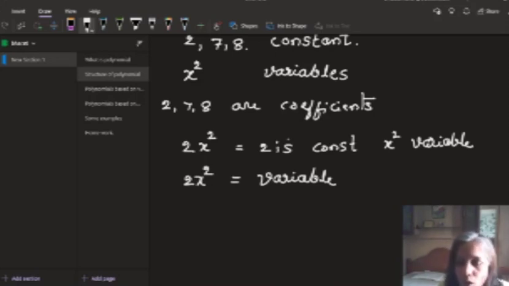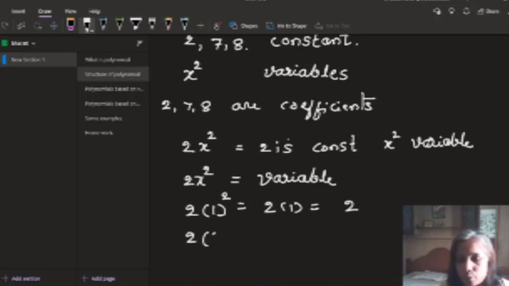You just go on assigning values to this variable x. I substitute 1 for x. What happens? Square of 1 is 1, and if you multiply 1 by 2, 2 times 1 is 2. Again, I'll substitute some more numbers for x.